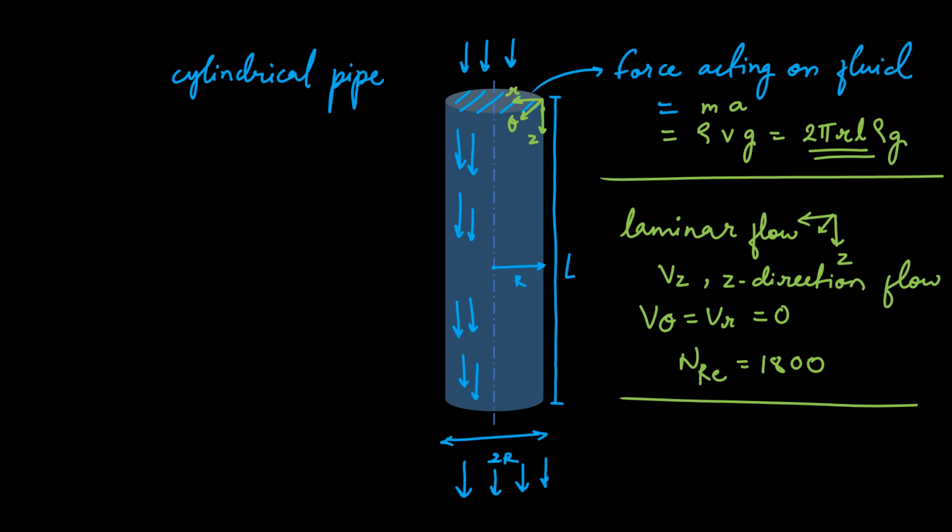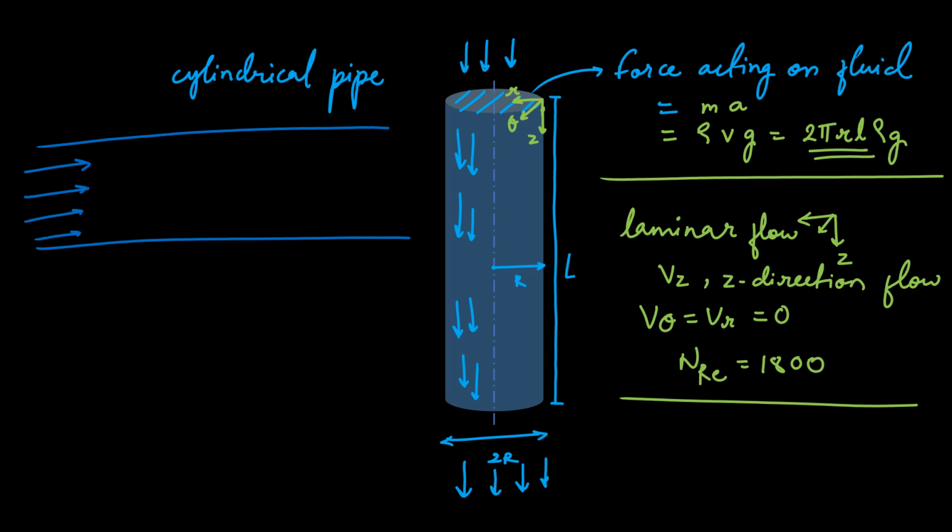So how does a fully developed flow look? This is my pipe. Fluid is flowing like this, forming this kind of velocity distribution. This is my Vz maximum. Here velocity is maximum, while at the corners velocity is equal to 0.